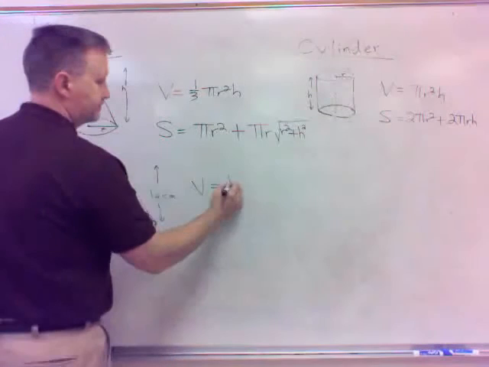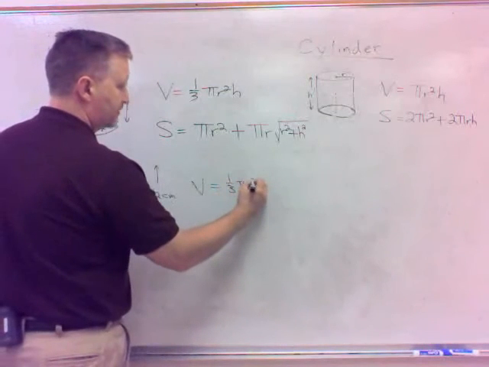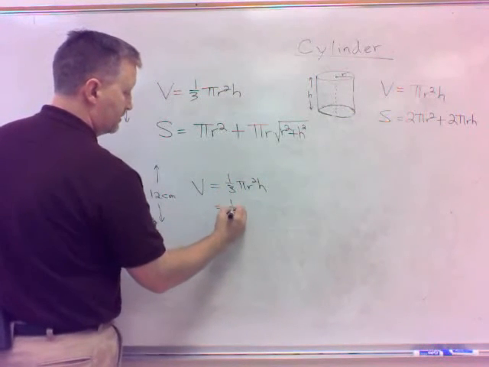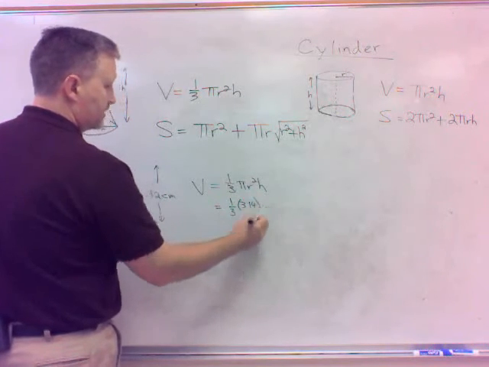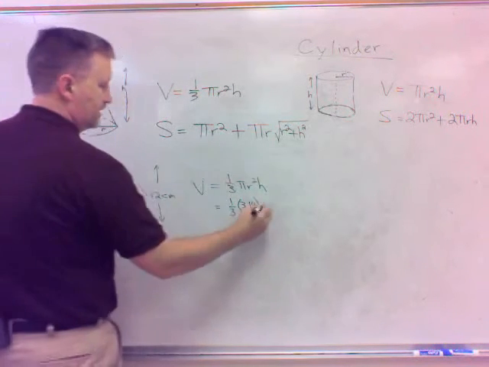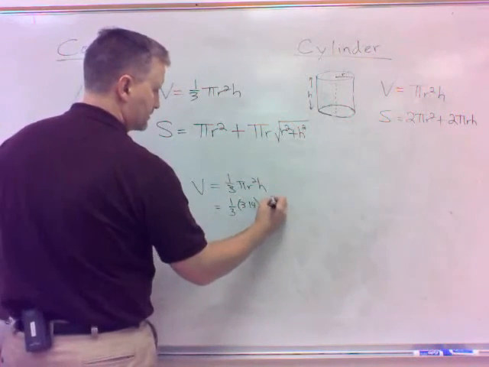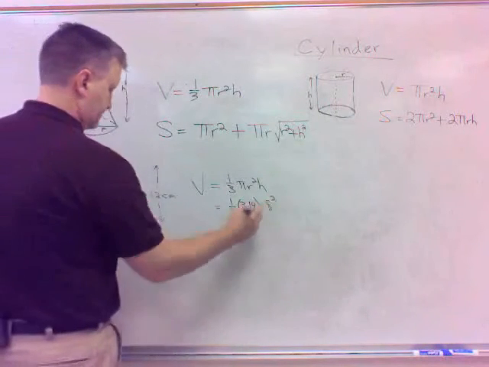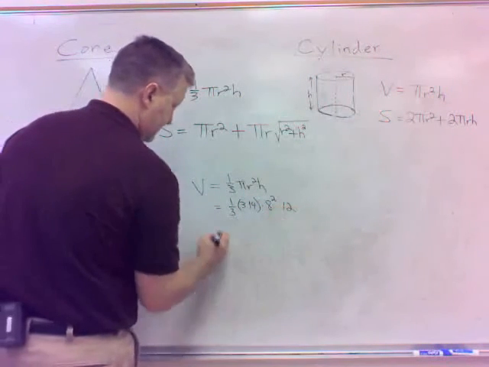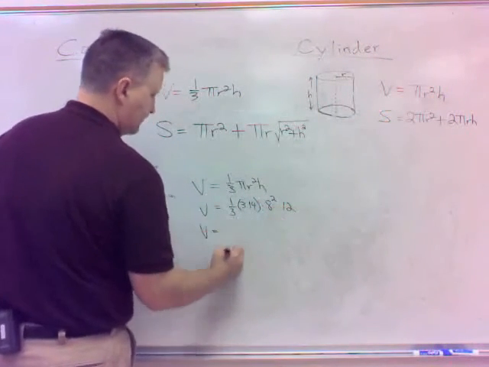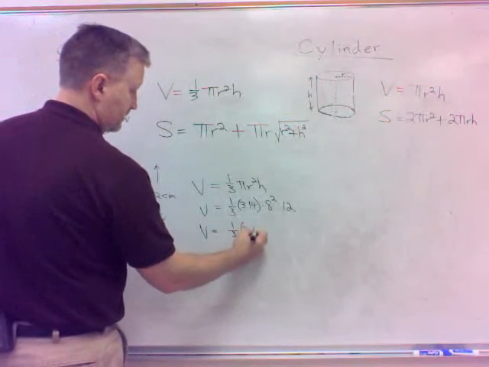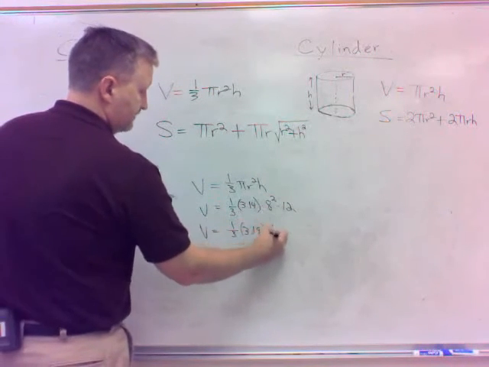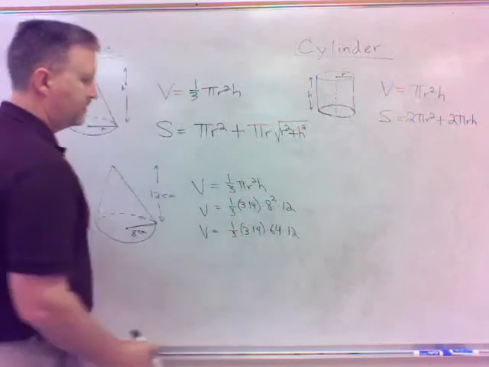Volume is 1/3 pi r squared h, so that would be 1/3. Pi, of course, we can use 3.14. Radius is 8, so it would be r squared, so we square 8. Height is 12, and then multiply that by 12. So we can figure all that out. 1/3 times 3.14. 8 squared is 64. Multiply that by 12.